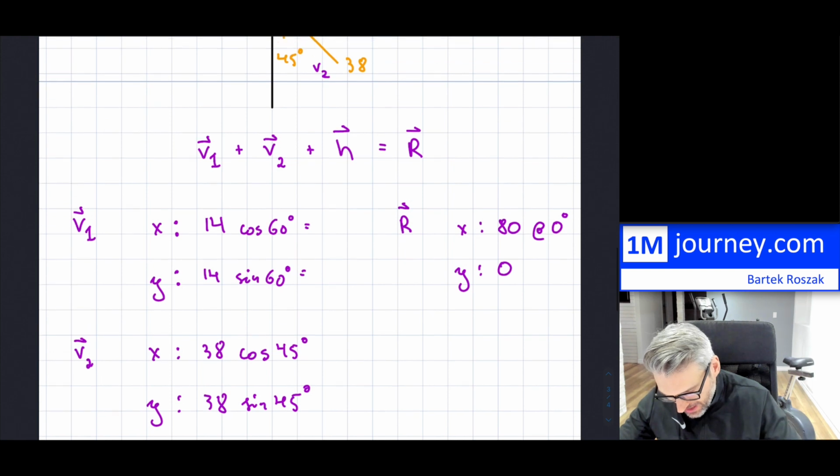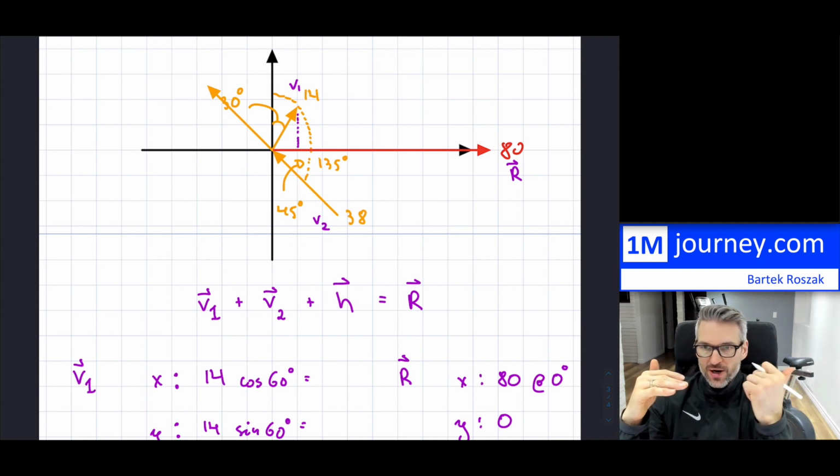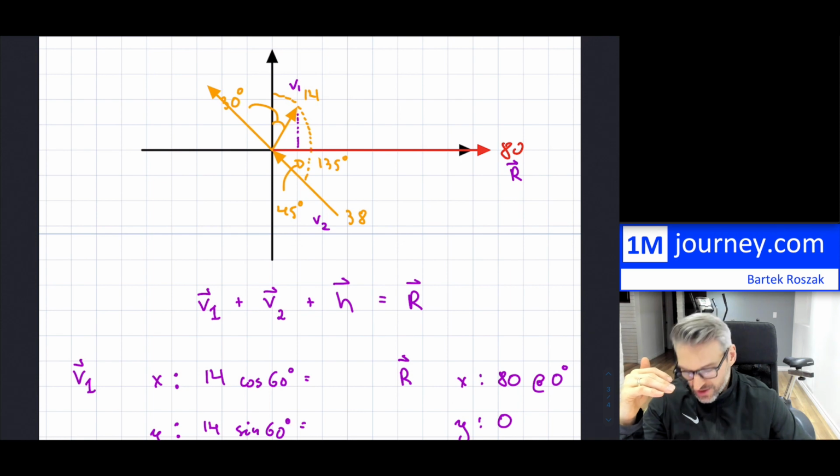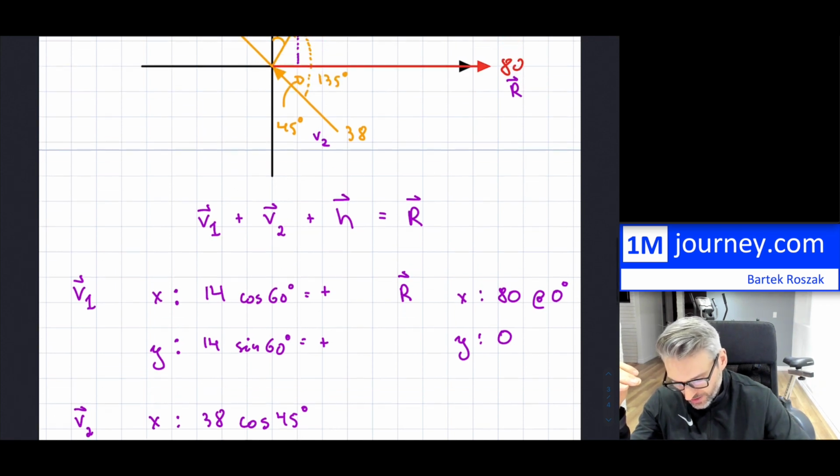Now the signs of these. Notice for V1, the x is positive, it's to the right, and the y is up, so that's also positive. So both of these are going to be positive, based on the way that I drew it out.